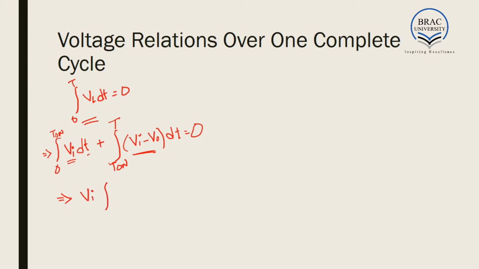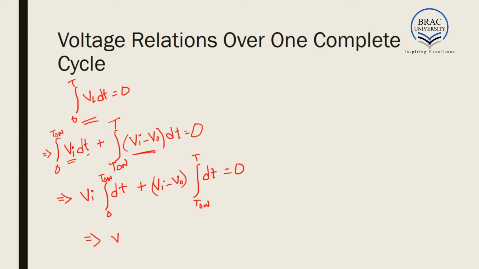So VI integration of dt from 0 to t on, plus VI minus V naught integration of dt from t on to T, is equal to 0.